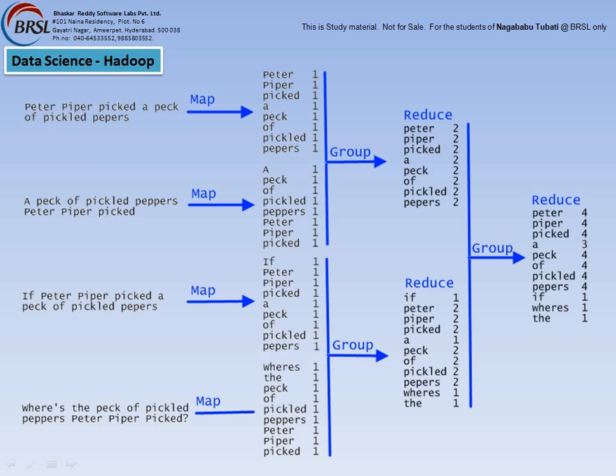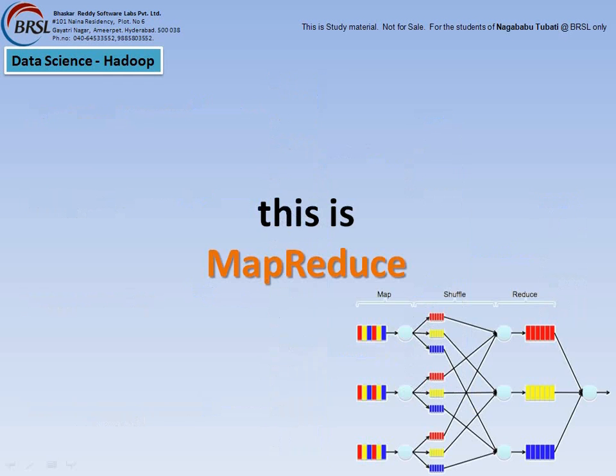The results of all inexpensive computers are combined into one single result set finally. So in the final result, we can see how many times each and every word is occurring in this large text file. This is the famous word count example, and this is MapReduce.